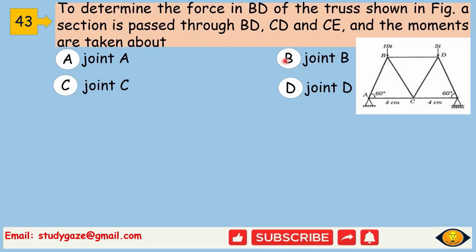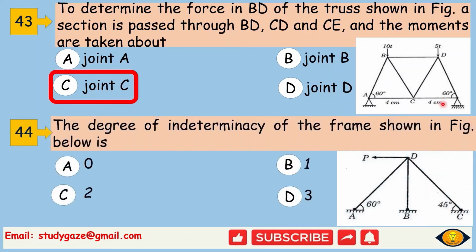To determine the forces in BD of the truss shown in the figure, a section is passed through BD, CD and CE, and the moments are taken about, so the correct option is joint C. Next, the degree of indeterminacy of the frame shown in the figure below is 1.